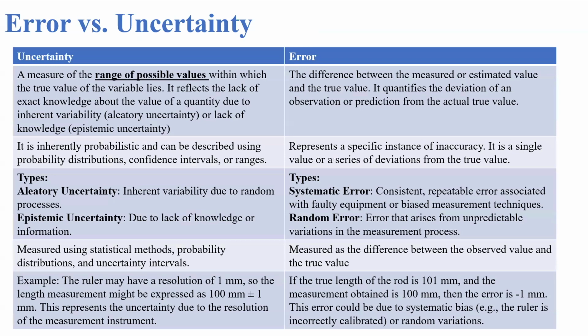So let's talk about what uncertainty is and how it is different from error. Error is basically the difference between the measured or estimated value and the ground truth value, and it quantifies the deviation of an observation or prediction from the actual true value. However, uncertainty is a measure or a range of possible values within which the true value of the variable lies.